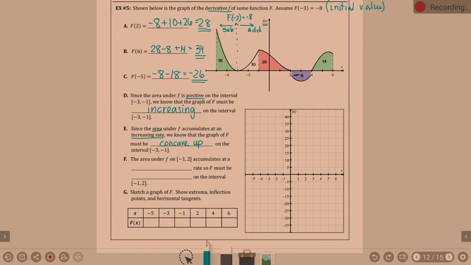I was trying to figure out where we are. So negative 1 to 2, decreasing rate, so capital F must be concave down.